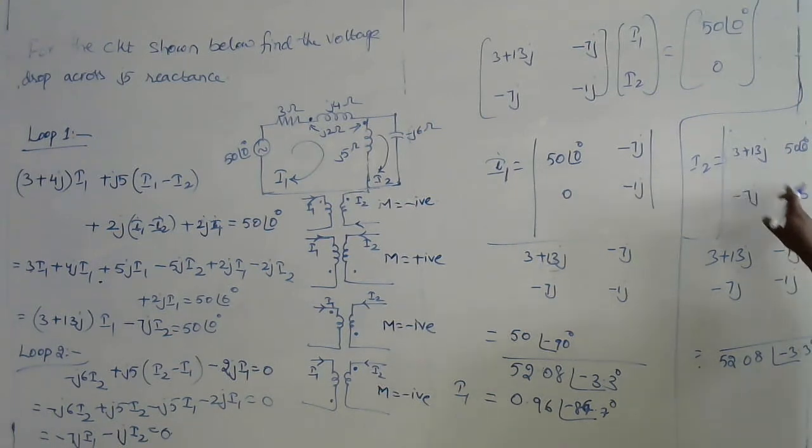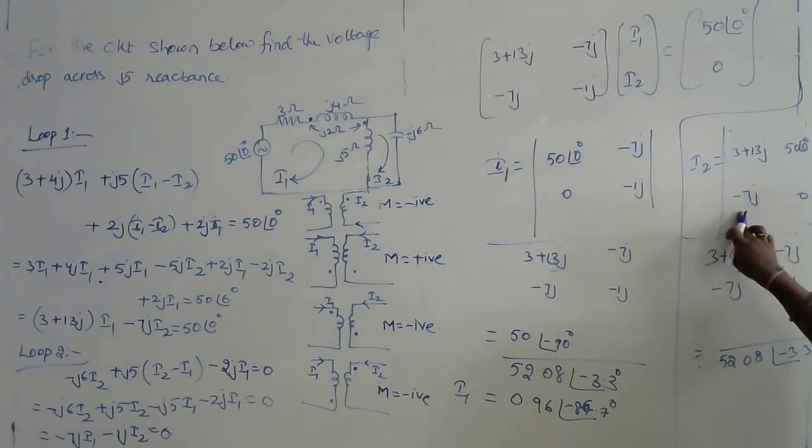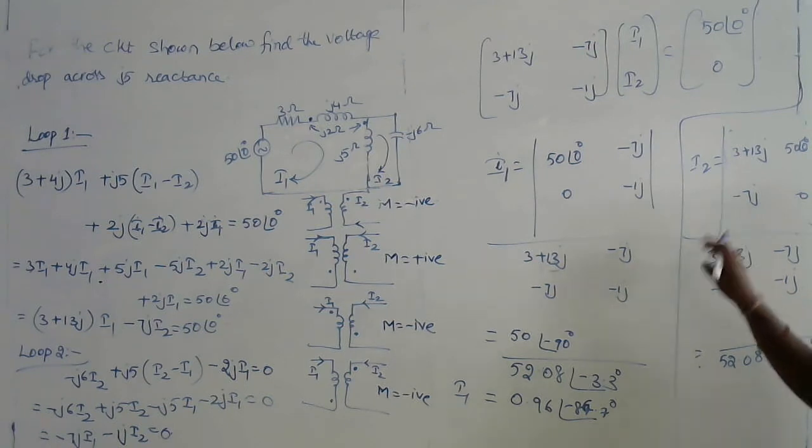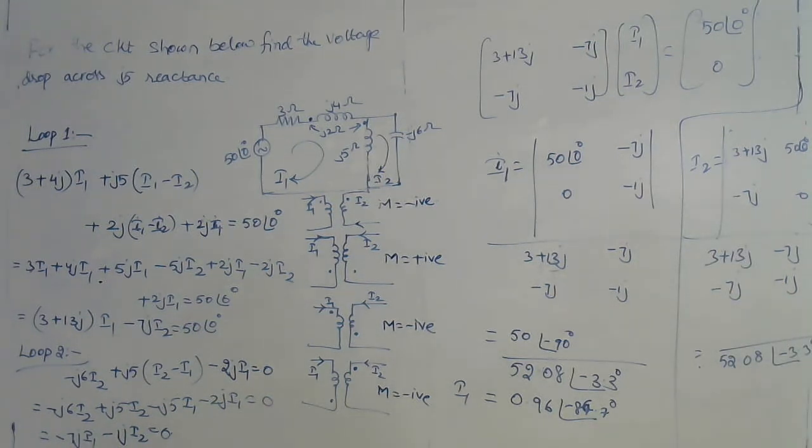Now here 3 plus 13j into 0 is 0. Here 50 into minus 7 is 350, and it is AD minus BC. So minus of minus is plus, so you will be getting 350 angle 0 degrees, which is equal to 350 angle 90 degrees because of this J value.